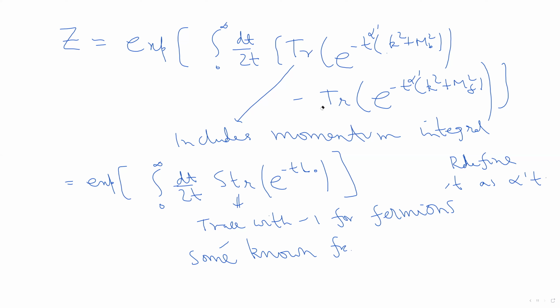The only subtlety that you have to keep in mind, which I have to explain very well, is that when you calculate this trace over all open strings, you have to put a restriction on the trace.